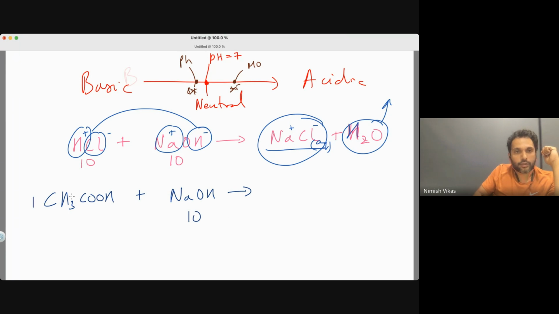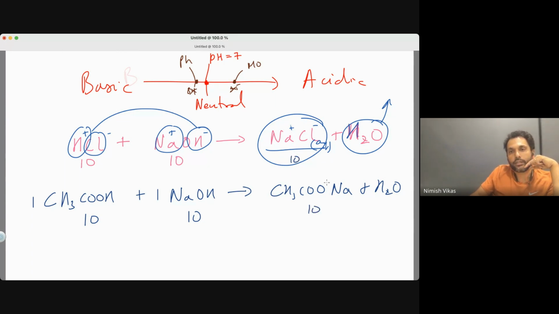One reacts with one. So 10 will react with how much? 10 will react with 10. Right? And it will form what? CH3COONa and H2O. So we'll say that we require 10 acid to neutralize 10 base. And this is what is formed.